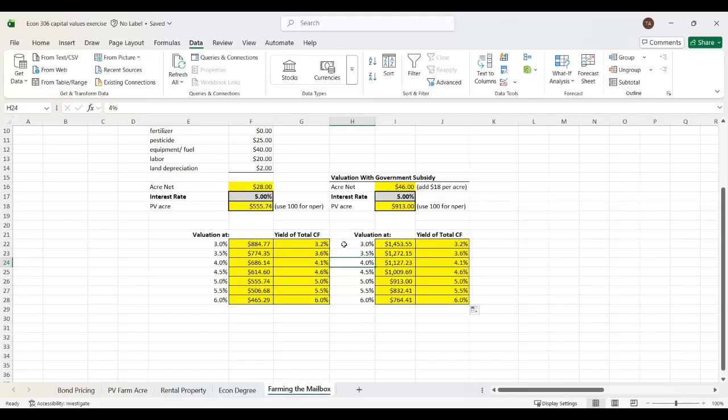Until the yield is equilibrated with, quote, the rate of interest or the yield on comparable risk assets.